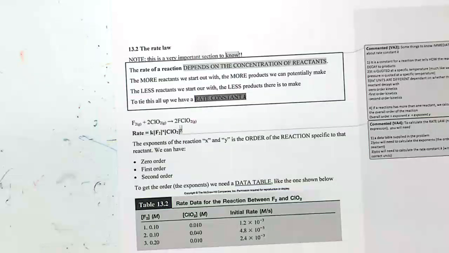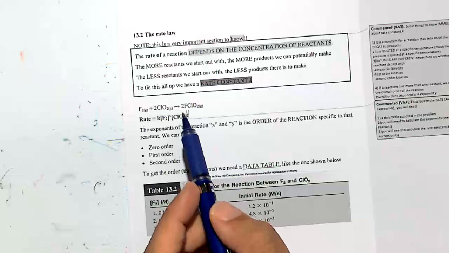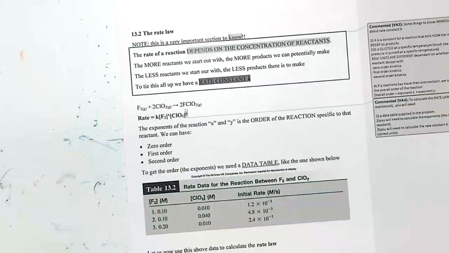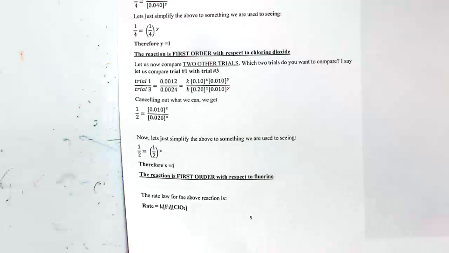And actually what we can do is, we have an example problem that's worked out here, so I'll let you guys look at that. And that is also continued on page 5, the worked out problem for the rate law. So I'll let you look at that. Okay.